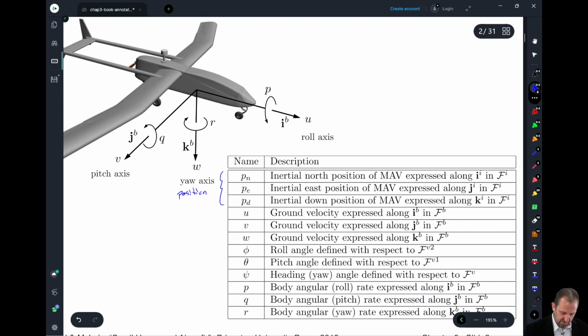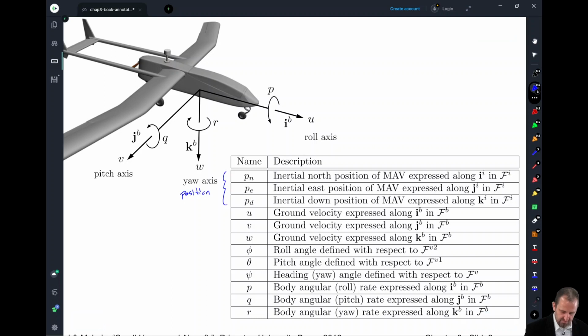This position is defined in terms of the inertial frame. So the PN, PE, PD, that's our north, east, and down position of the center of body of our aircraft.